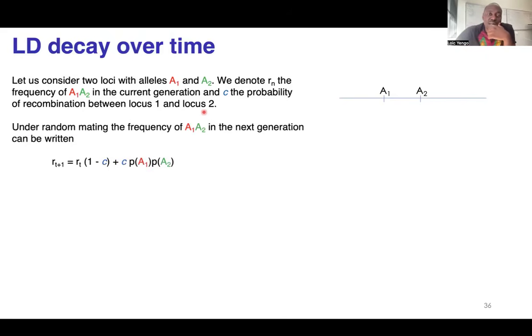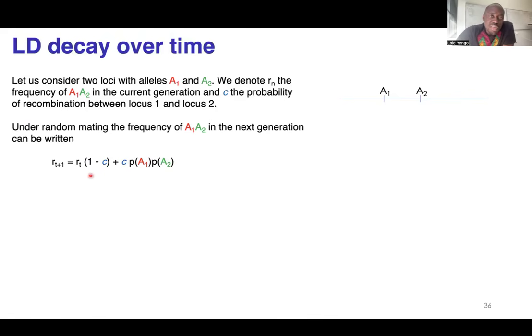So, how can we now write this? Well, we can use that notation to try to track how the frequency of that particular allele will change over time. So what would be the frequency of that haplotypic allele, the fact of seeing A1 and A2 together in the next generation, in generation T plus 1?